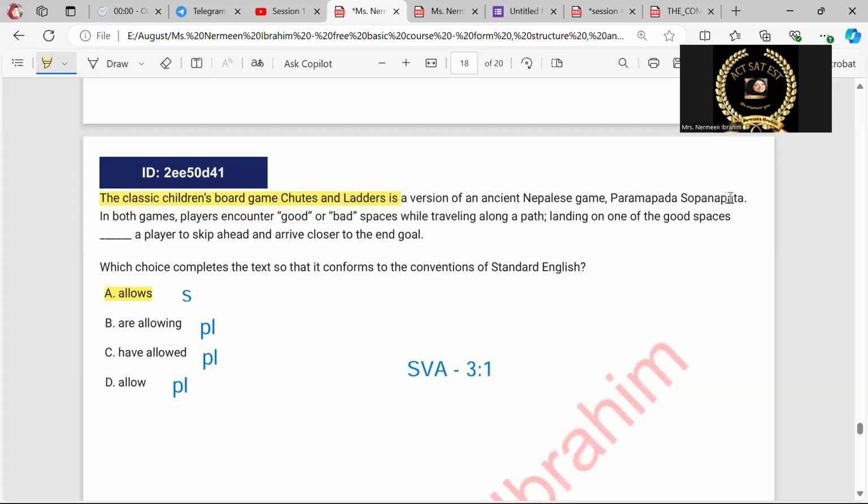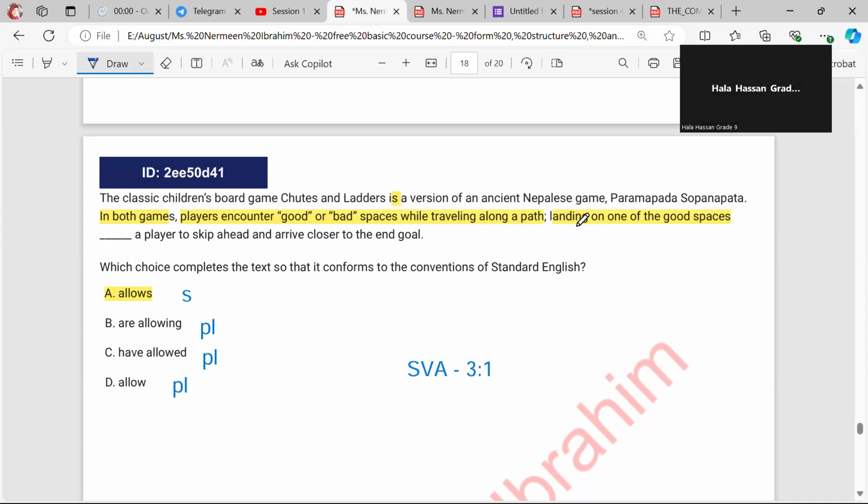Okay, so we're done with this whole sentence. I'm going to start from this sentence. In both games, players encounter good or bad spaces while traveling along a path. Landing on one of the good spaces. What is the subject here if you know?